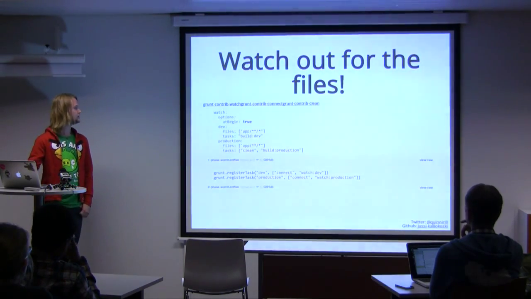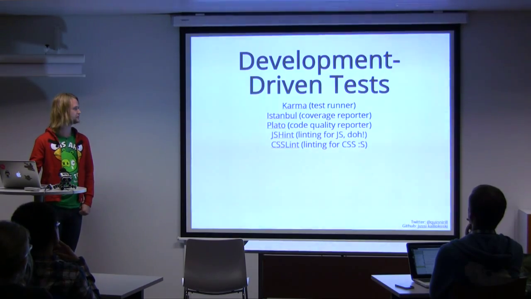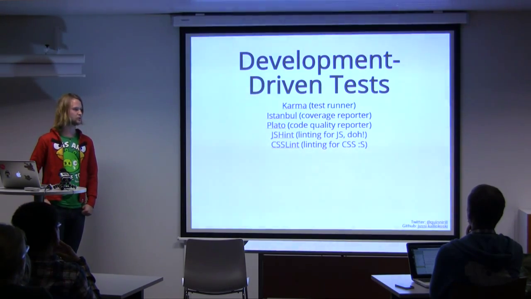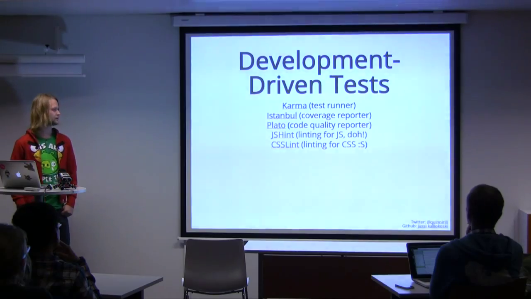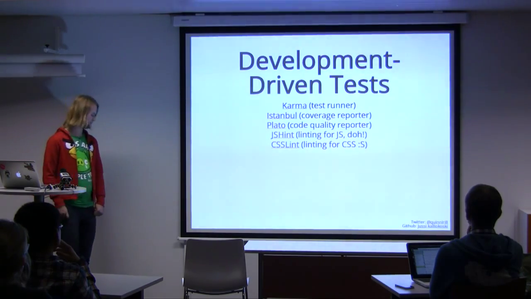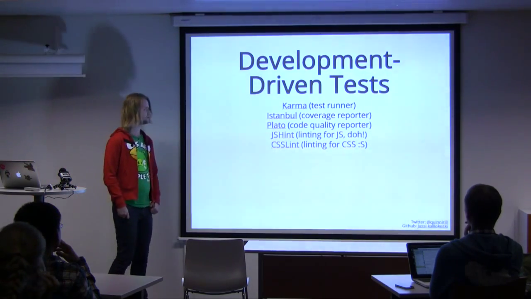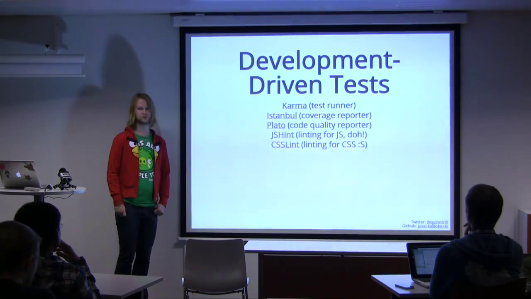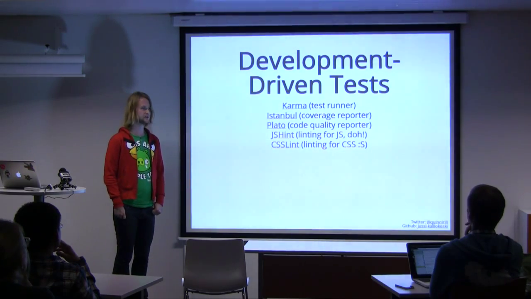So the last thing I want to mention is that you can also have a lot of code quality stuff with Grunt. Most importantly for front end, I would suggest trying Karma, which is a great test runner for front end applications.